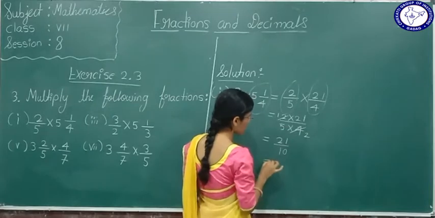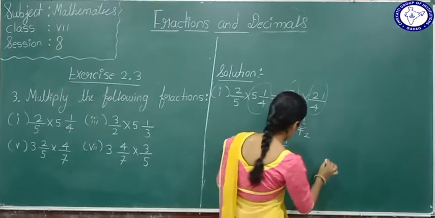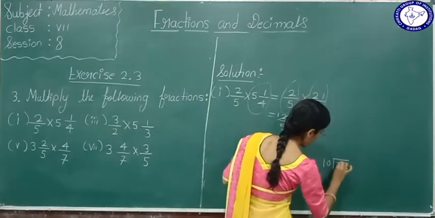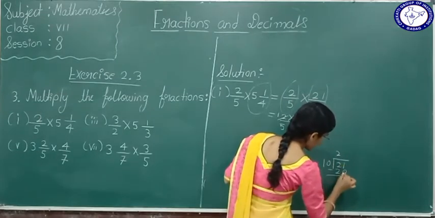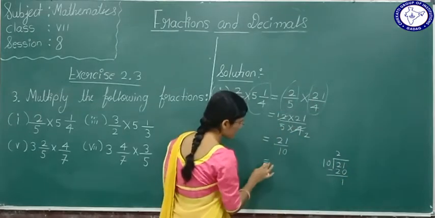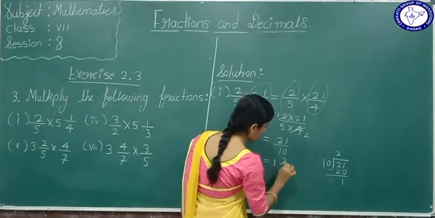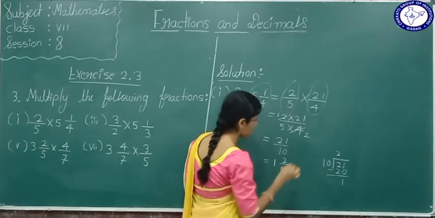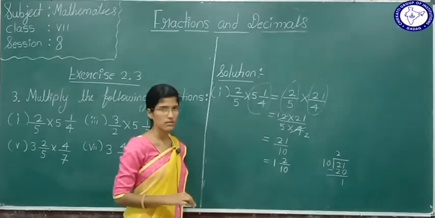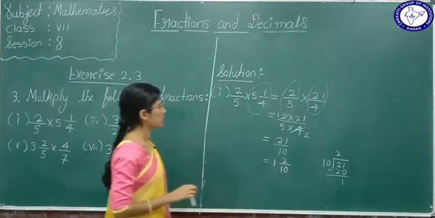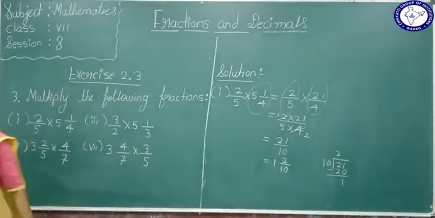So we can keep this answer as a mixed fraction. 10 2s are 20, 21 minus 20 is 1. So 2 integer 1 by 10. Now this is about the first one. Similarly, now we will solve the third one.